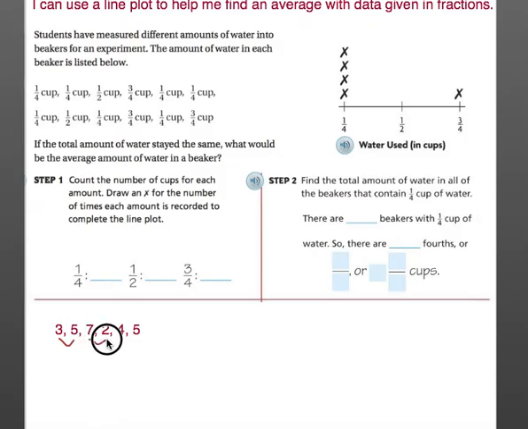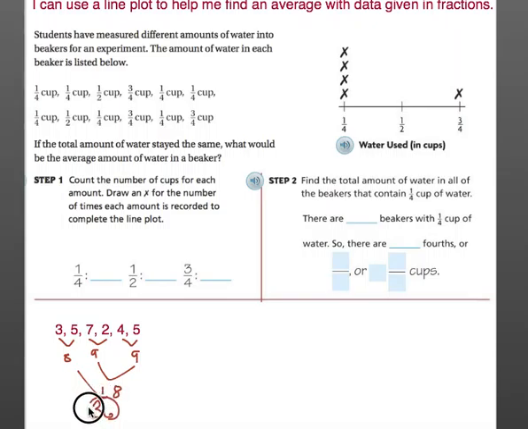So I would go ahead and add these numbers together. So 3 plus 5 is 8, 7 plus 2 is 9, and 4 plus 4 is 9. And I know that 9 plus 9 is 18, and then 18 plus 8 is going to be 36.